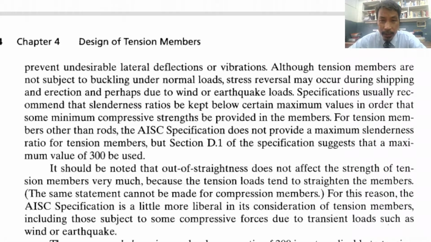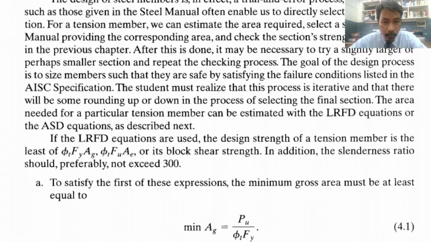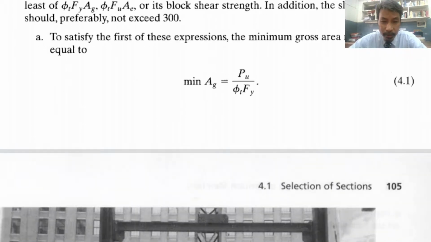So we'll just jump into those same concepts. For example, here, we already know this thing. So instead of finding out the ultimate, we are going to find out the gross area. Okay? So the process is now reverse.